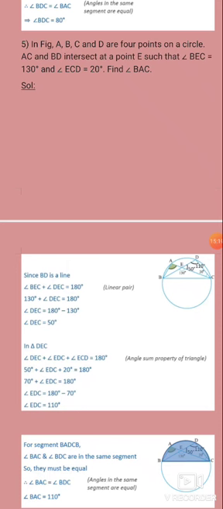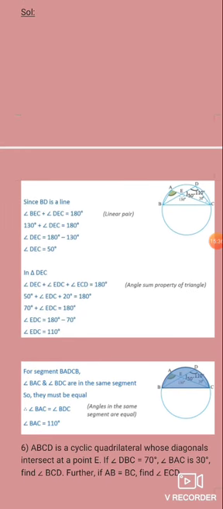So angle DEC 50 degrees plus angle EDC plus ECD, how much degrees? 20, is equal to 180. So angle EDC is equal to 180 minus 70, which is equal to what? 110 degrees.